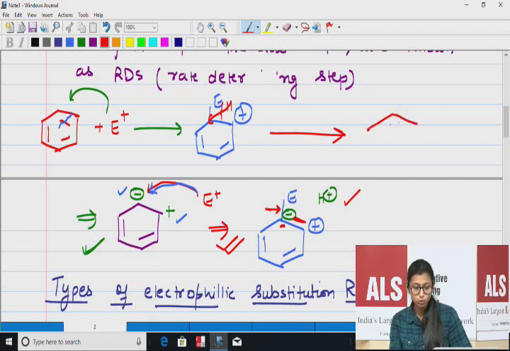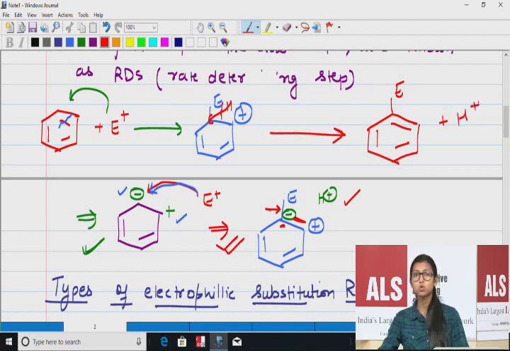These are the double bonds. The plus and minus will make a bond, and I have the electrophile here. This is the reason why the H plus goes away: it leaves behind its electron, which can make the pi bond with the positive charge of the ring.